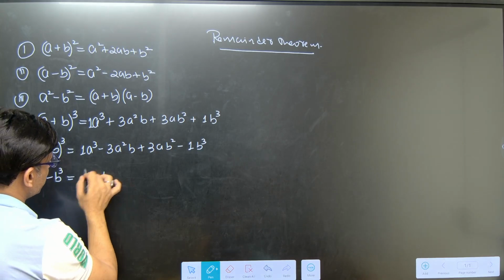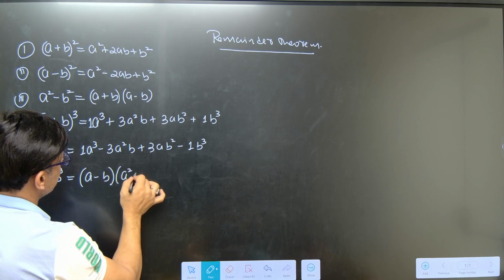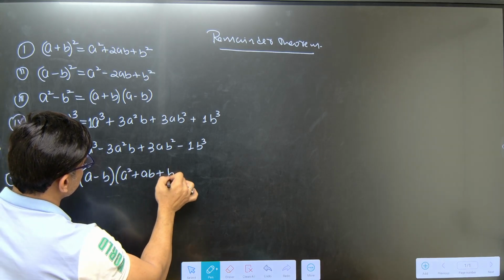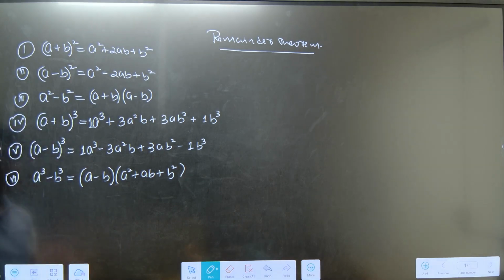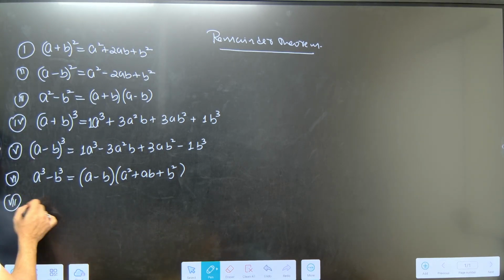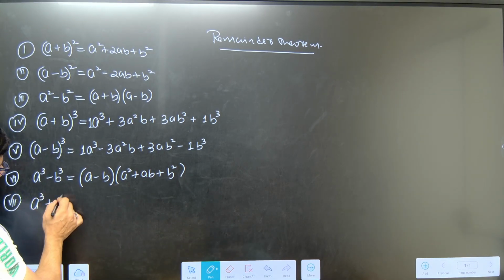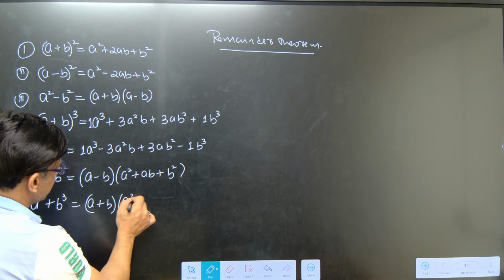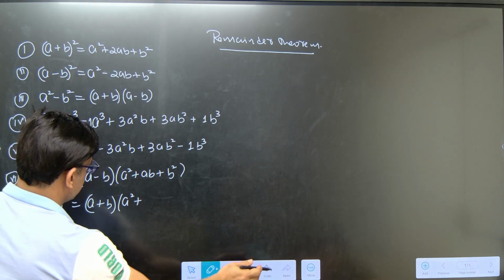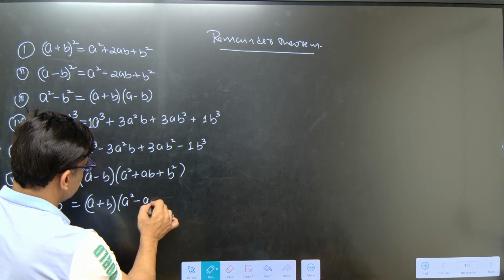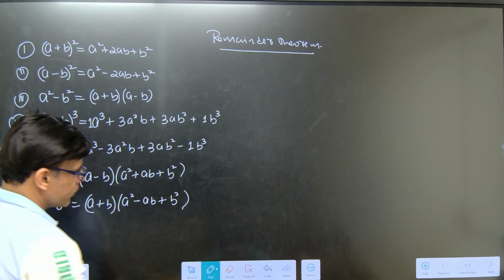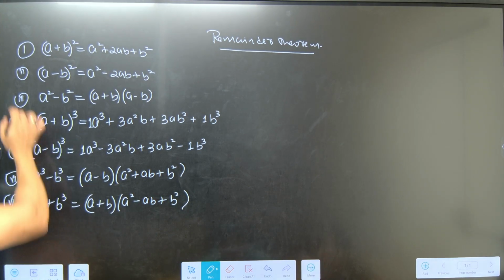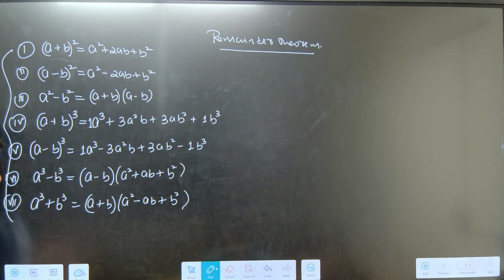A cube minus b cube is a minus b into a square plus ab plus b square, and a cube plus b cube is a plus b into a square minus ab plus b square. See this, the better you learn it, right?